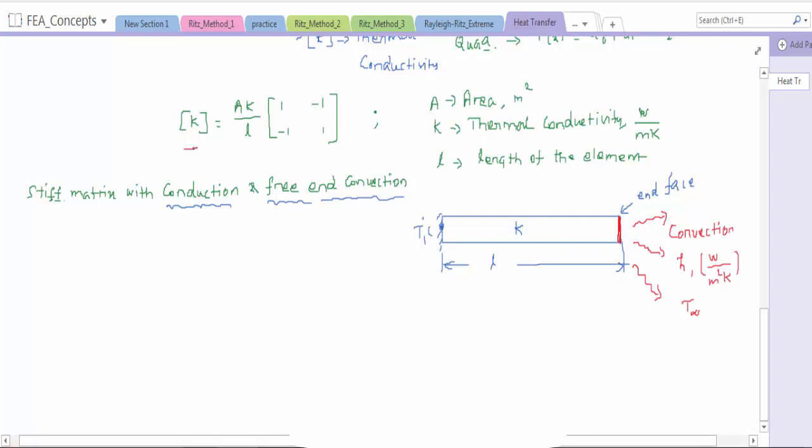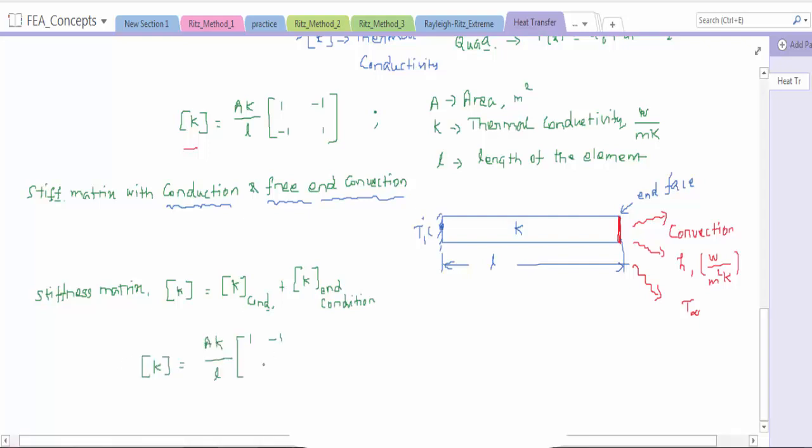For this conduction plus end convection, the stiffness matrix can be written as K for conduction plus K for end face convection.